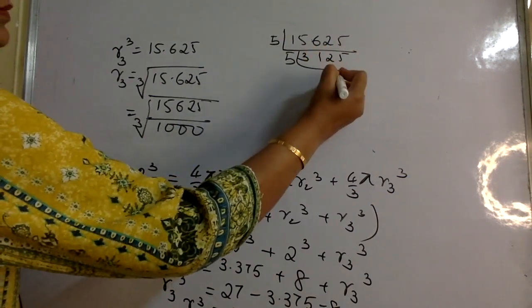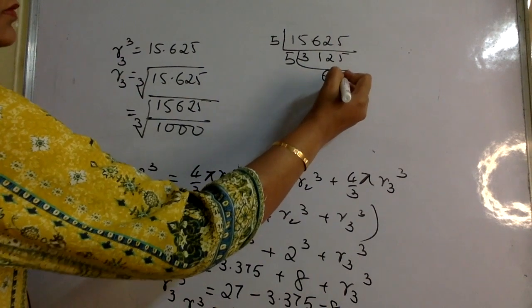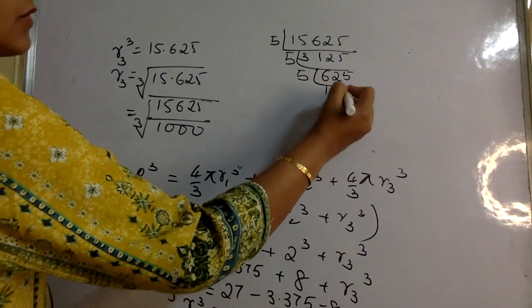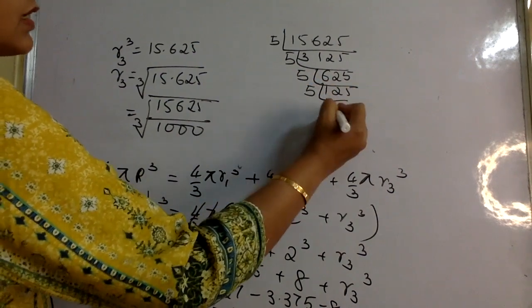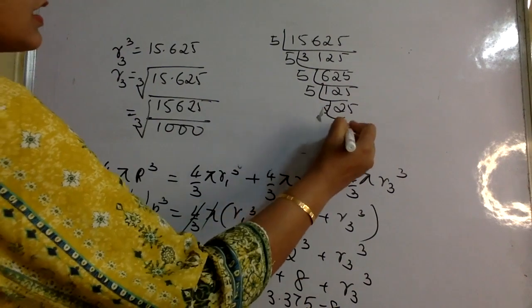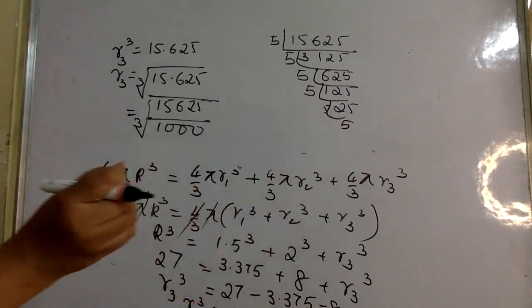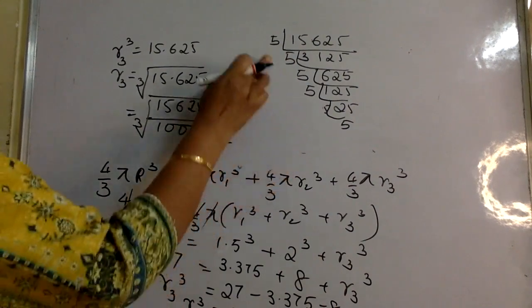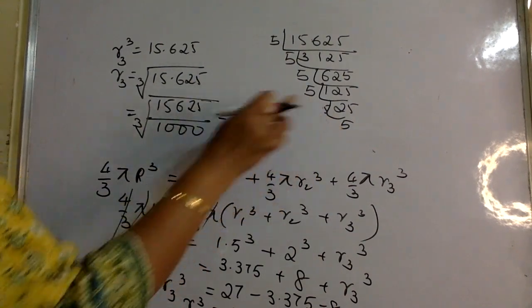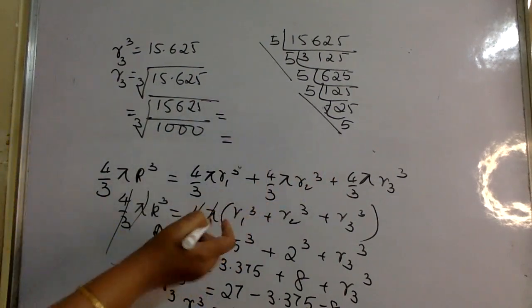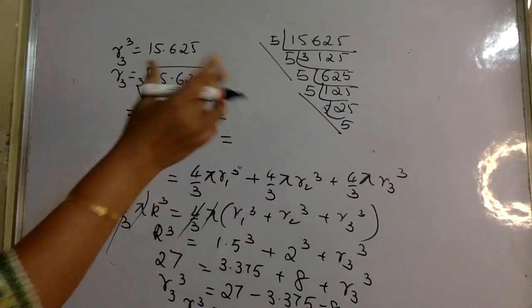Then 25, then I can take a 5, and 125, and 5, and 25, and 5 and 5. So I have got 6 5s here. Now from 6 5s, sets of 3 will be made. If it is square root, we make sets of 2.